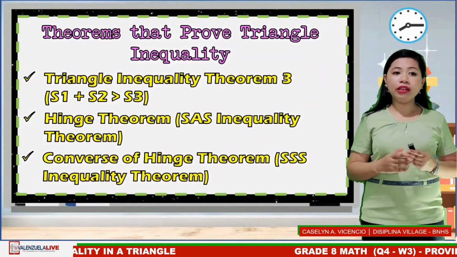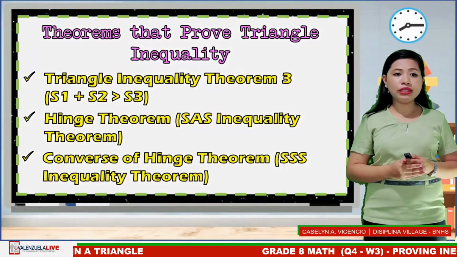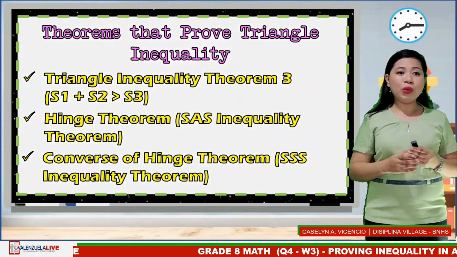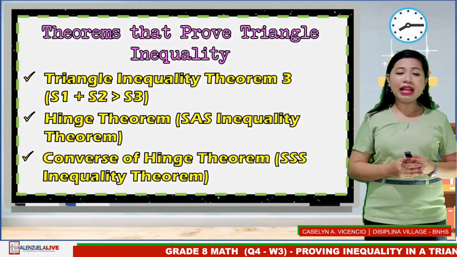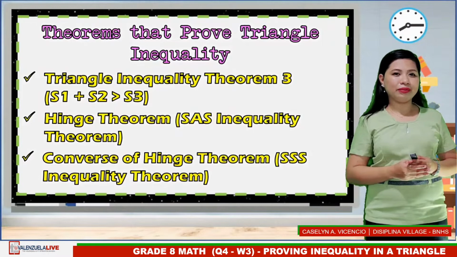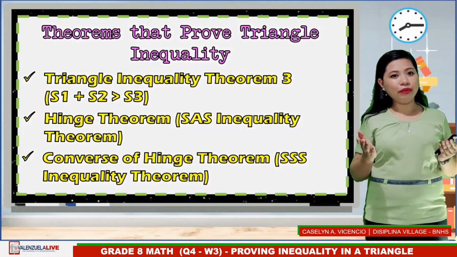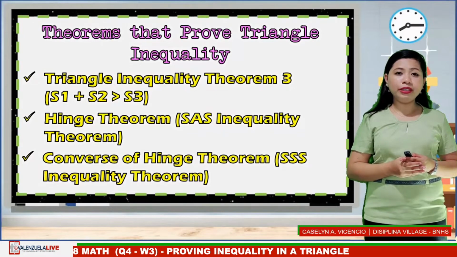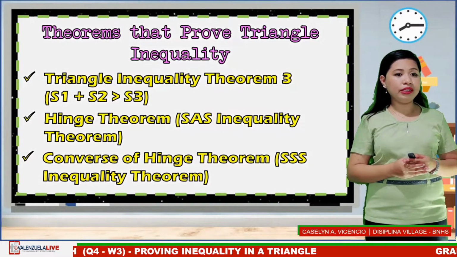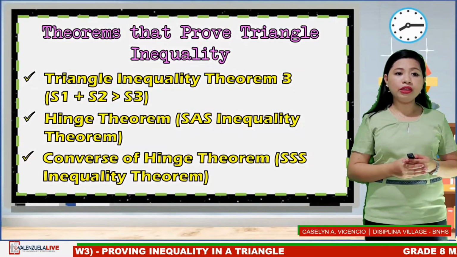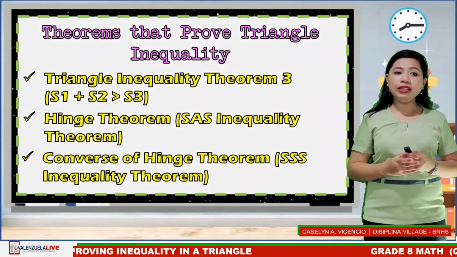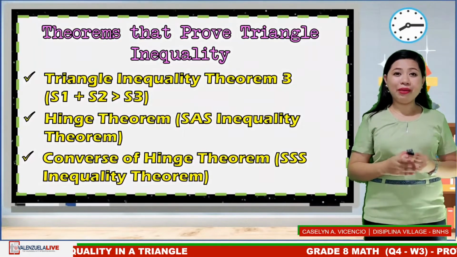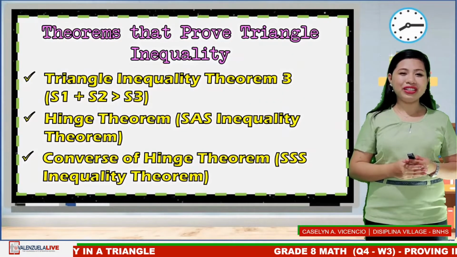It states that if two triangles have two sets of congruent sides, then the one with the longer third side has the larger included angle. Aside from this, there are other definitions, properties, and theorems that can be used to prove other geometric statements in triangle inequality. We will recall them as we go along in our discussion.